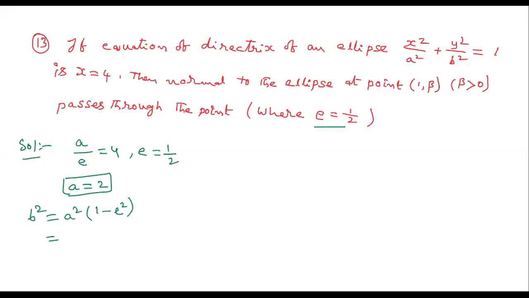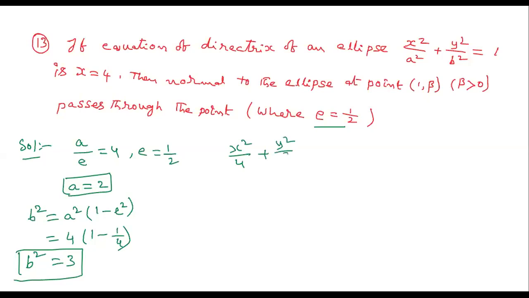Here observe that a value is 2, a square means 4 into 1 minus 1 by 4. 1 minus 1 by 4 means 3 by 4, 4 cancel. Overall here we get 3. So finally we get b square value is 3, a value is 2. So what is the equation of ellipse? x square by 4 plus y square by 3 is equal to 1.